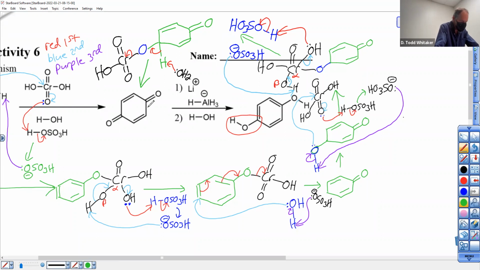And the last part's easy. We can fit it in underneath here. It's not a biggie. Hey, that's aluminum hydride there. Every time you see Al with 4 H's and a minus charge, you do this first.